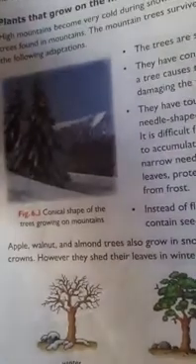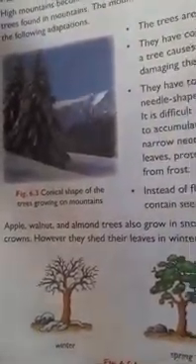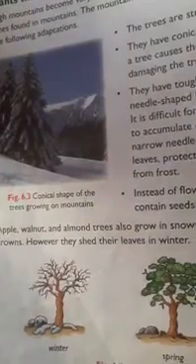Apple, walnut and almond trees also grow in snowy mountains. These trees have round crowns. However, they shed their leaves in winter. Snowfall occurs in the winter season, so these trees shed their leaves.